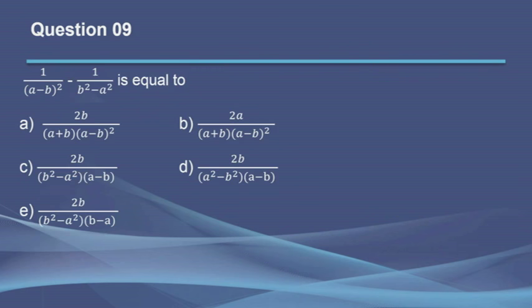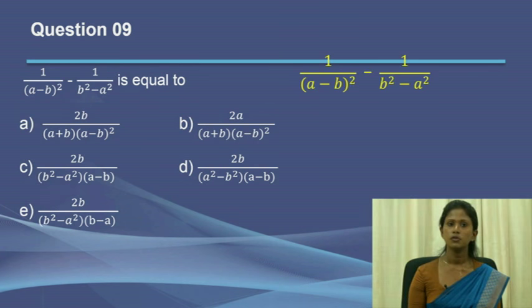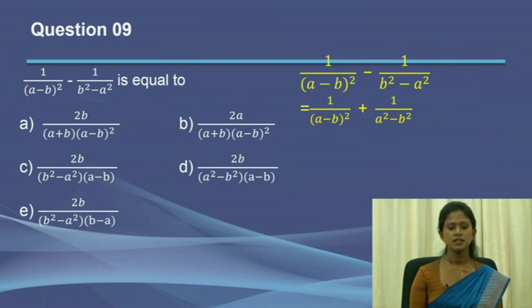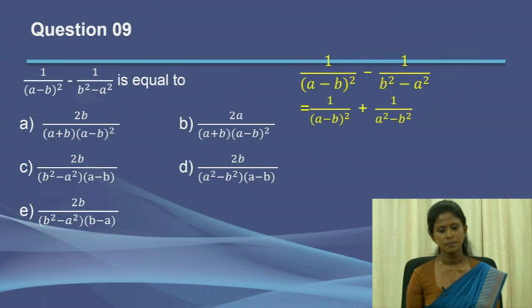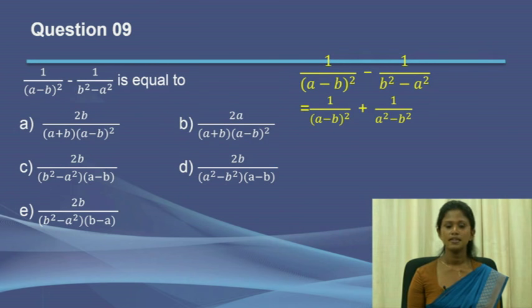So let's move on to the next question, which is question number 9. Here again you have to solve this carefully, right? In order to solve this, you have to go through several steps. We'll see. This is how we are going through our steps. Initially you are given 1 divided by (a minus b) squared minus 1 divided by (b squared minus a squared).